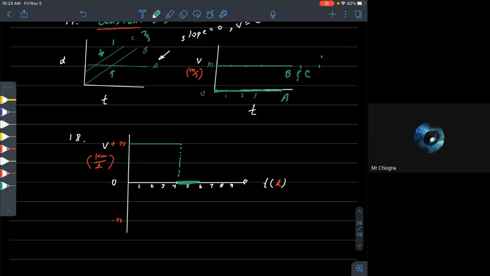We'll just draw a little vertical drop. I know it's not a vertical drop, but we'll just approximate it. And then after hour 6, you start moving again, but in the opposite direction, indicated by a negative. And you move for 3 hours instead of 4. So you move from 6 to 9.